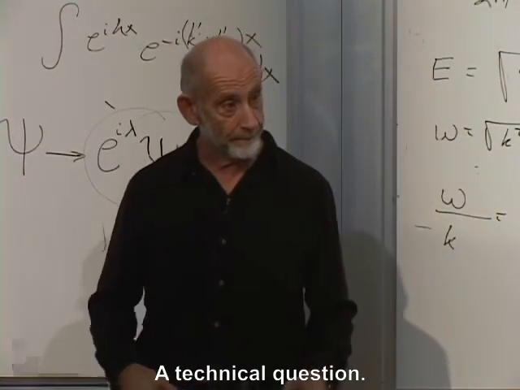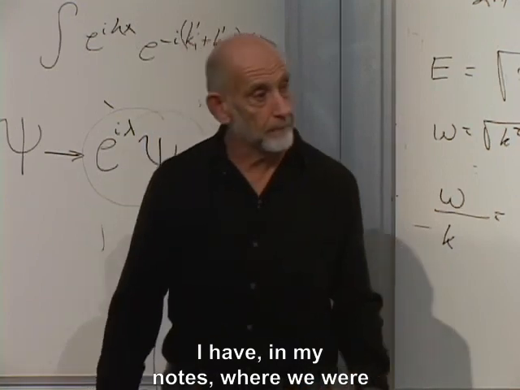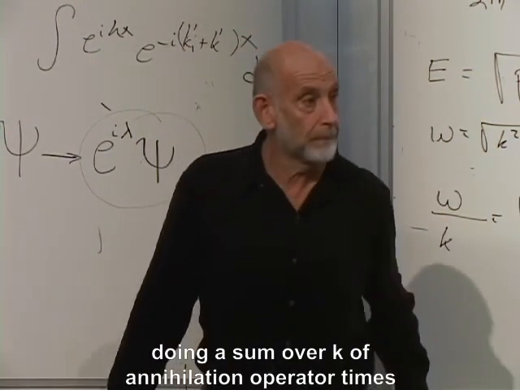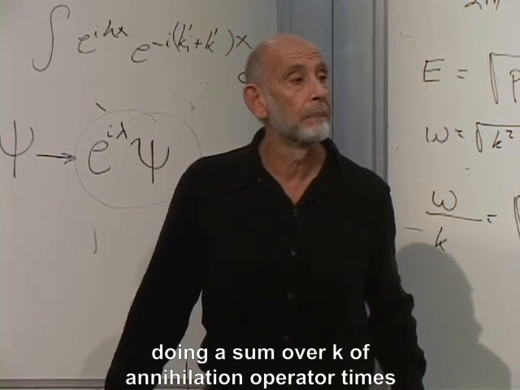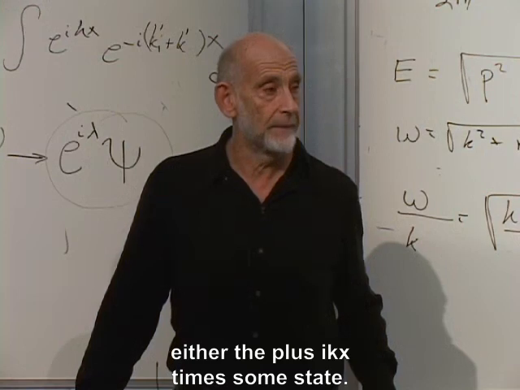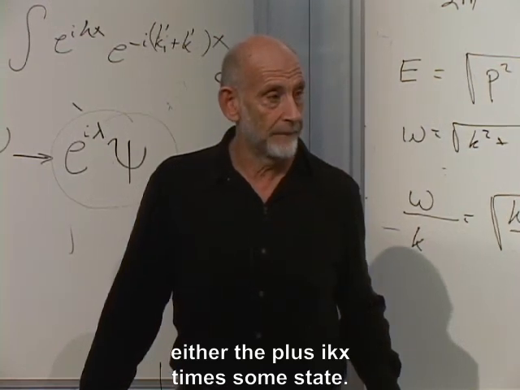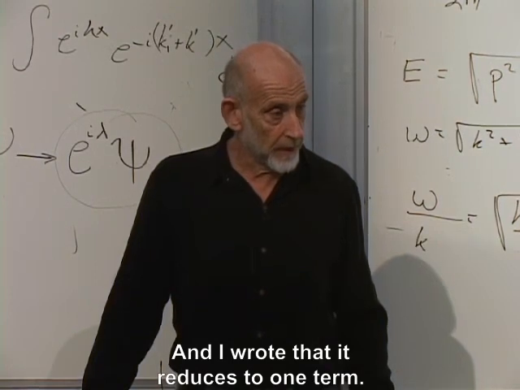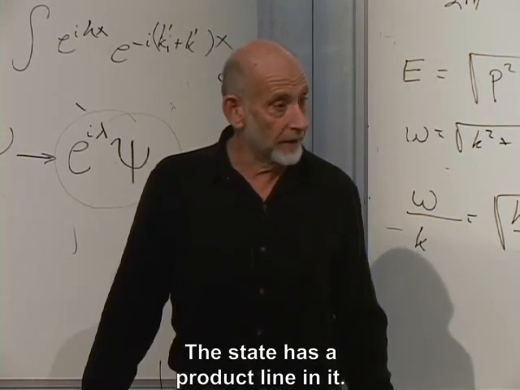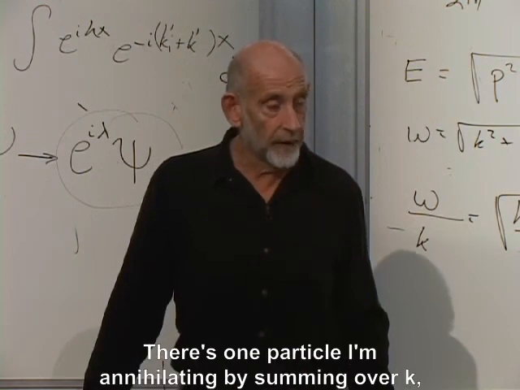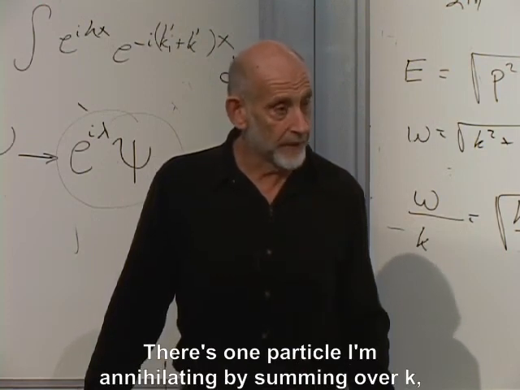A technical question. I have in my notes where we were doing a sum over k of annihilation operator times e to the plus i kx times some state. And I wrote that it reduces to one term. The state has a particle in it. That's right, only one particle, and you're annihilating it by summing over k.